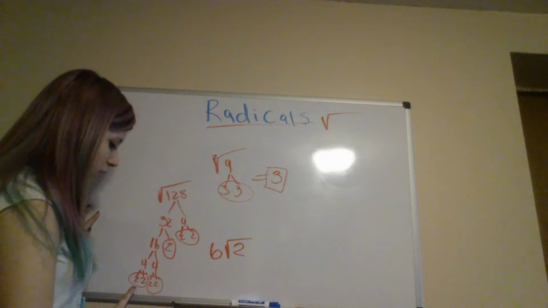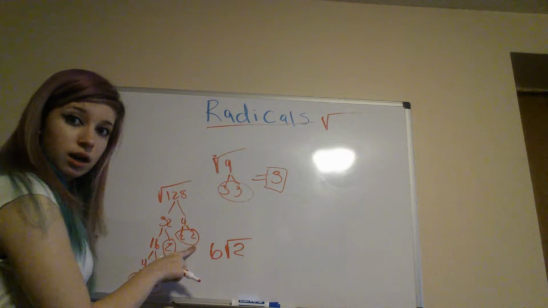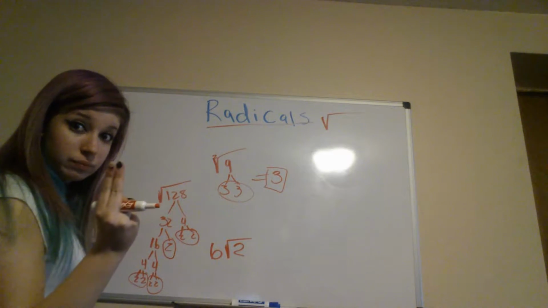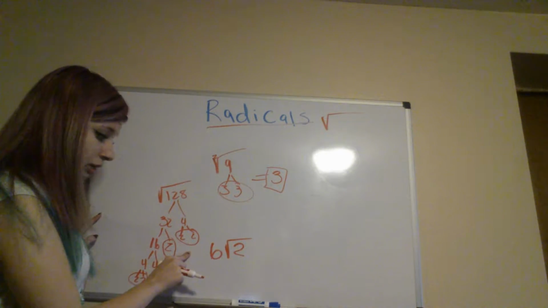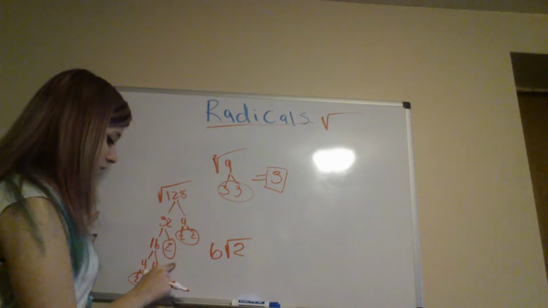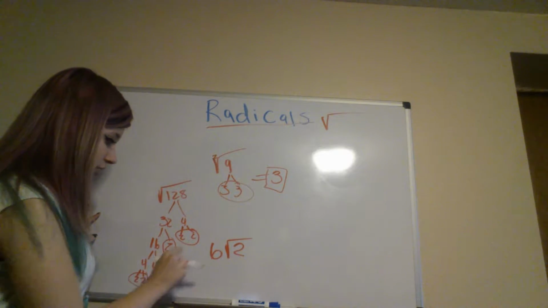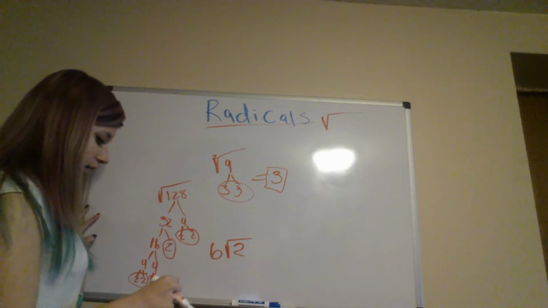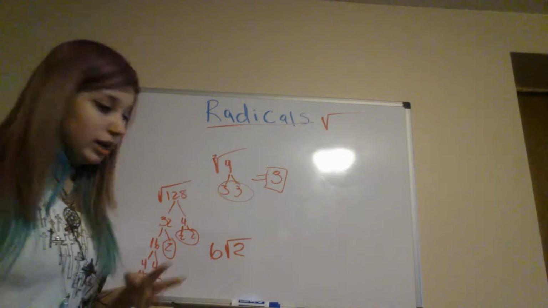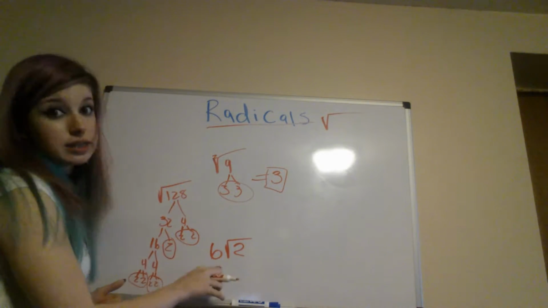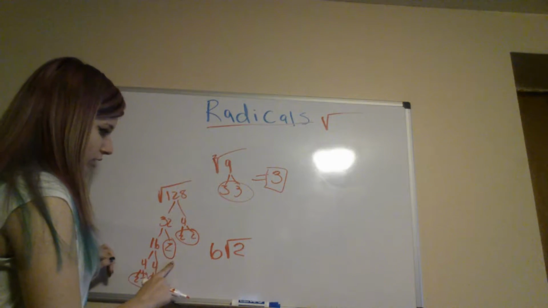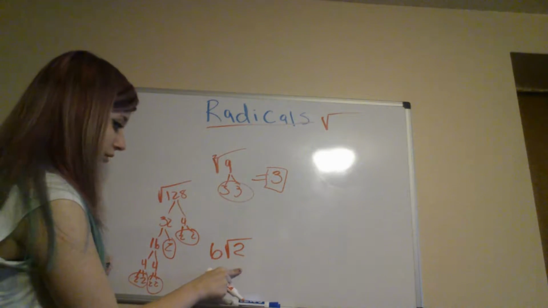We ended up with 3 groups of 2. See that? 1, 2, 3. We still had this one left over. We took these 3 groups of 2, and since the number is 2, and we have 3 of them, we're going to times them all together to get 6. And this 2 stays under the square root.